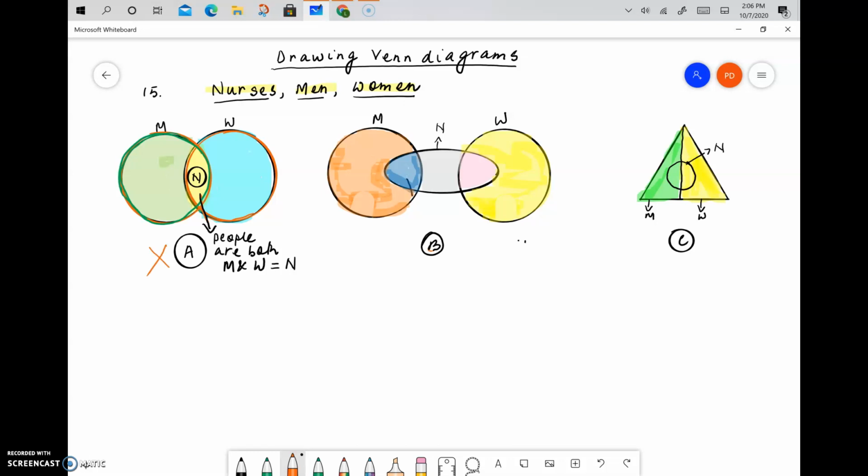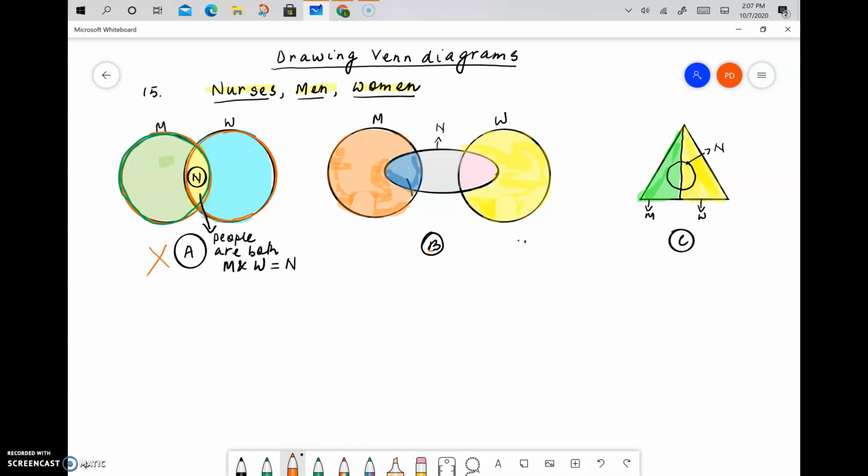Let's look at B. So here we have the full circle of men, the full circle of women. Okay, and all the regions in this Venn diagram are shaded in different colors. So we start off with, since we said the men and women circles do not overlap, so that looks fine. And then we've drawn this set in the middle, which overlaps with both the men and the women, and that we've called nurses.